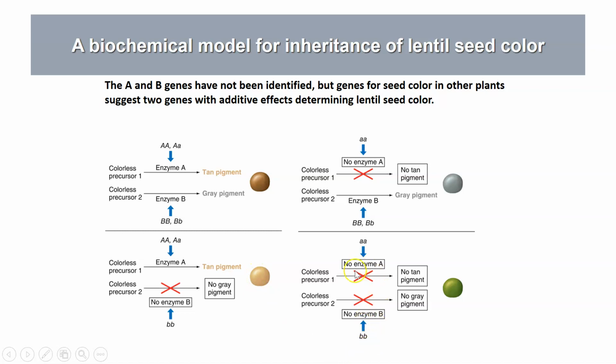If both enzymes are missing, neither tan nor gray is produced, and the phenotype is green because now chlorophyll, deeper within the seed, is the pigment that's observed. All right, so this is a departure from Mendelian, not in numerical ratios, but because a new phenotype pops up.